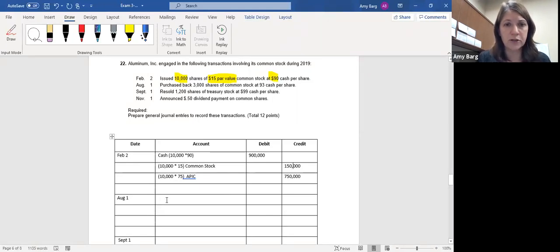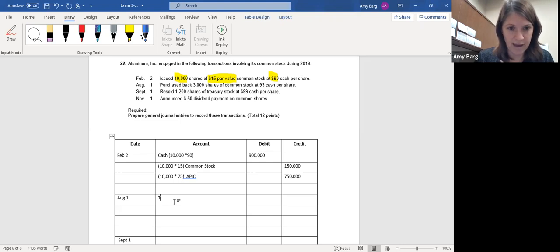Okay, so August 1st, purchase back 3,000 shares of common stock at $93 cash per share. So there's common stock that's out there, right? And that's our common stock. We can purchase it back. And when we purchase it back, I like to think of it as going back into our treasury, kind of like a castle, you know? They've got like a treasure room.